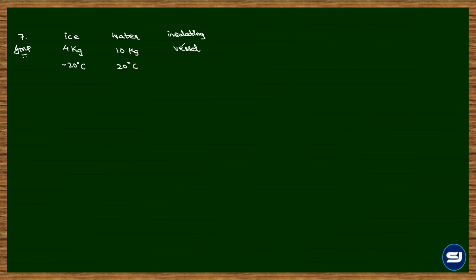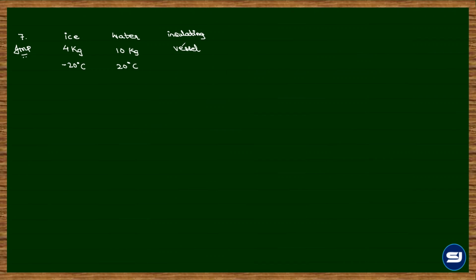Logically, when you mix the ice with water, where ice is at minus 20 degrees Celsius and water is at 20 degrees Celsius, the final mass of water is going to be कितना होना चाहिए? More than 10 kg. So option A and B तो definitely आप rule out कर सकते हो. 50-50 हो गया.